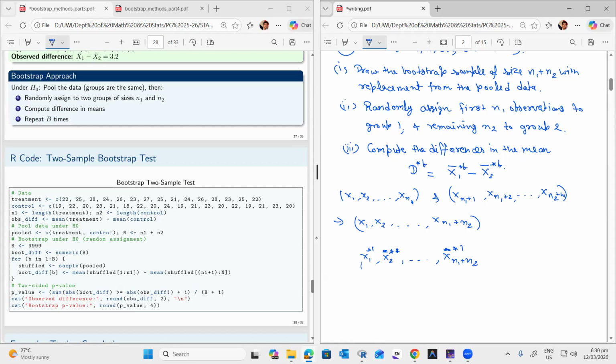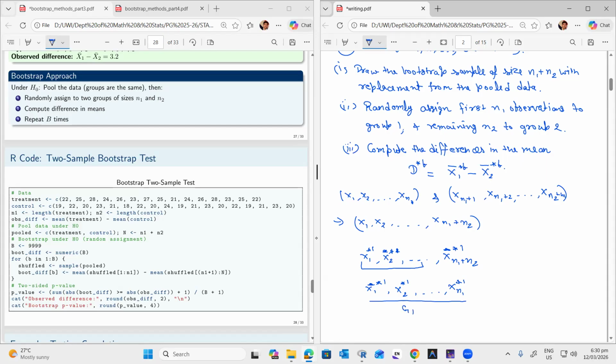The first n1 observations, x1 star 1, x2 star 1 up to xn1 star 1, we will keep as our first data set, our group 1.